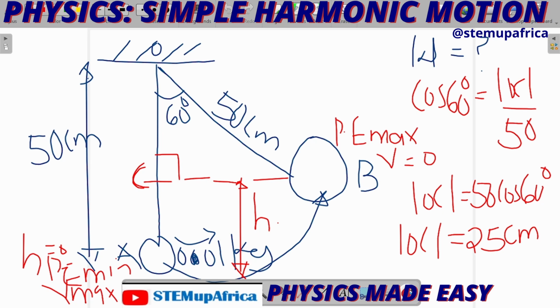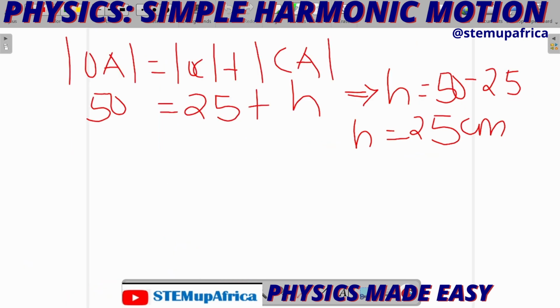So with that in mind, we can calculate the work done now. The work done is at point B, because at point A, the height is 0. So the work done at point B is the potential energy, because it's maximum at point B. My PE, which is potential energy, is mgh.